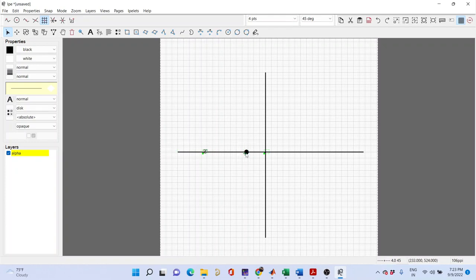Similarly, s minus a is a vector from s over here to this a. So s minus a is this vector. And s minus p1, with s at infinity, would be another vector. So what is the angle subtended by this vector?